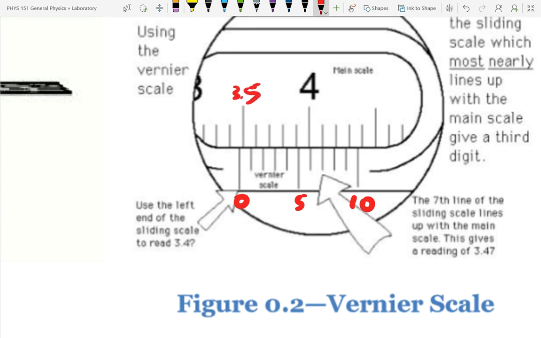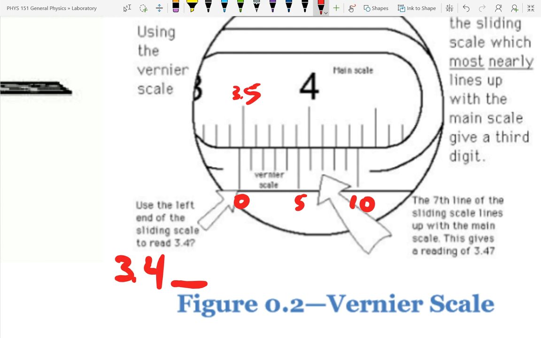So where's that 0 hitting? Okay, it's between 3.4 and 3.5. So we know it's 3. That's not a 4. 3.4 something. And if you were estimating, you'd probably say 3.46, 3.47, right?